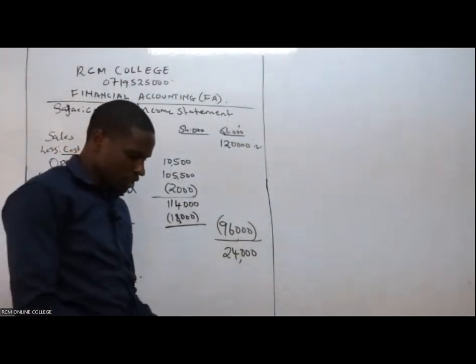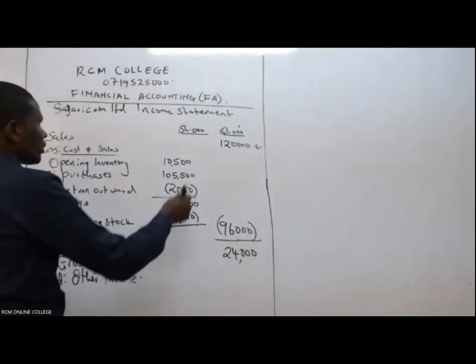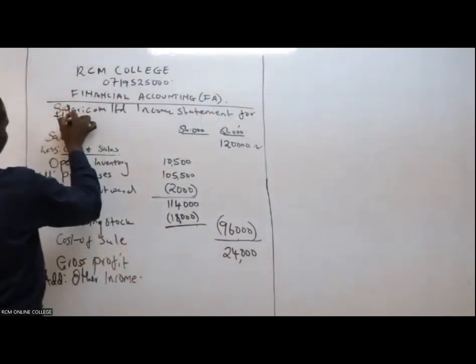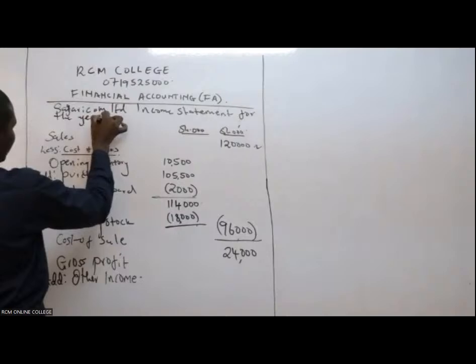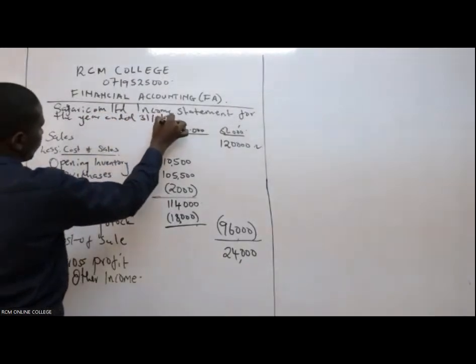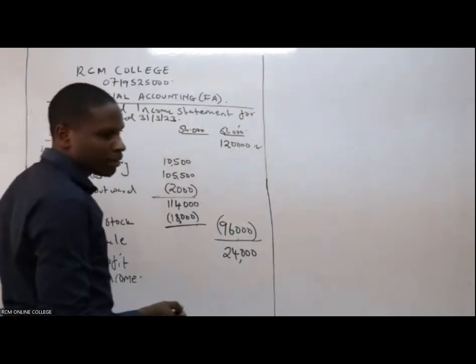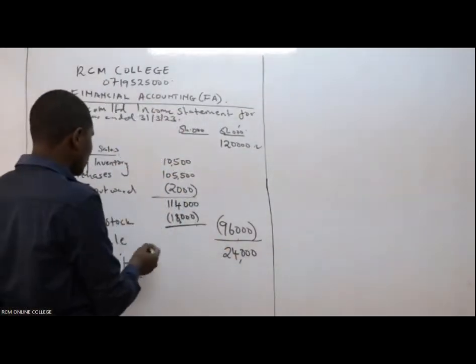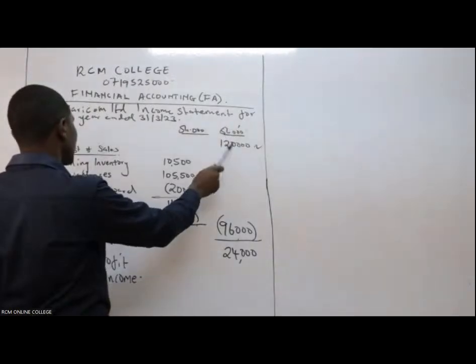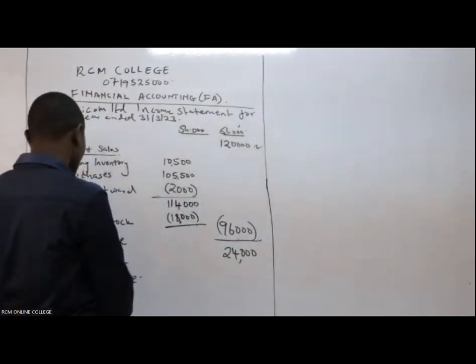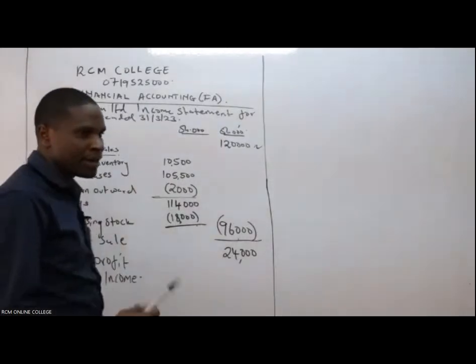For the year ended 31st March 2023. So now this is our income statement. Class, you know that when you talk about income statement, it is sale minus cost of sale. You get the gross profit. Now we have our gross profit. We add any other income.